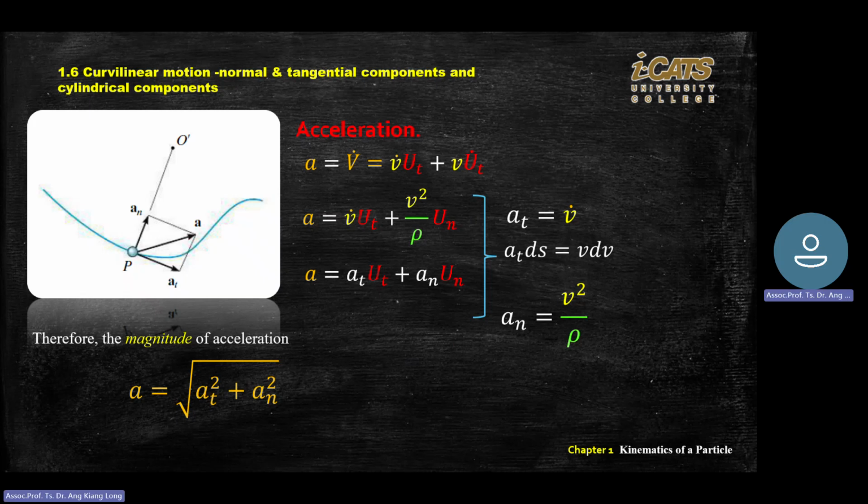Okay, if you have a curve and the object moves from here to here, you know that every time you focus on that object or particle, you have two axes. One is tangent, one is normal.